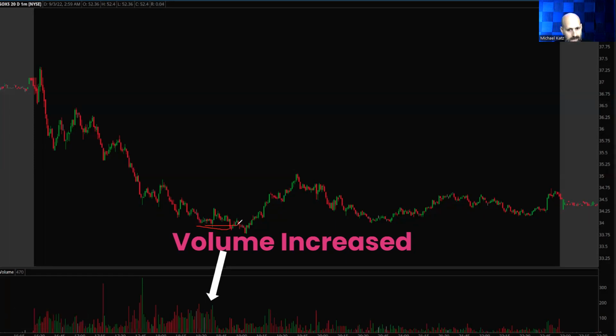In those places, a lot of people are selling because they believe that the price will continue to the downside. They're selling here and they sold here, basically moving the price further, and the price basically declines. But at that moment, when people believe that the price will continue to the downside, the volume starts to increase.